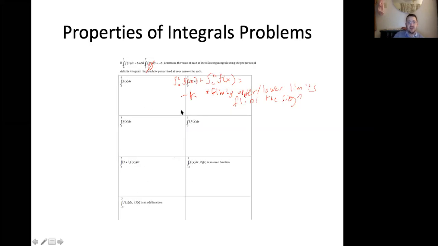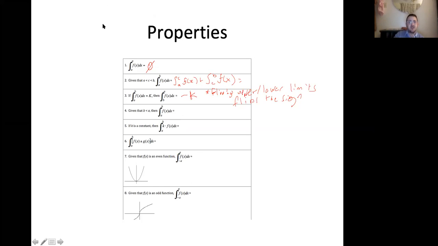So we can say, as a result, that we have the negative integral from b to a of f of x dx. If we have a constant, we can put that constant in front of the integral and then actually evaluate the integral.